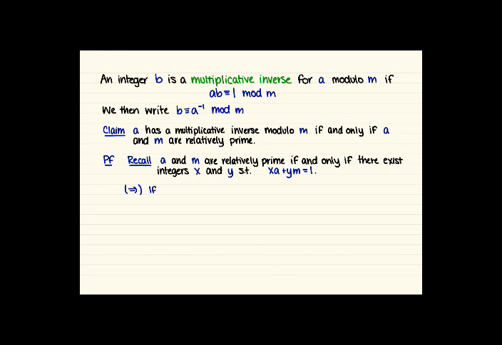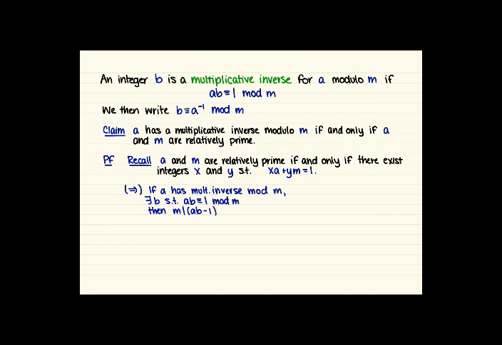Let's say a has a multiplicative inverse mod m. That means that there exists some b such that ab is congruent to 1 mod m, and then that means that m divides ab minus 1.